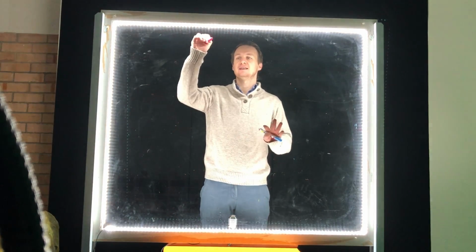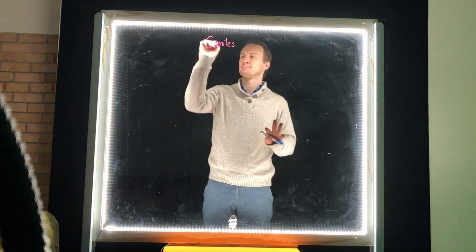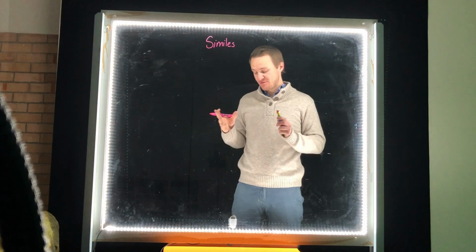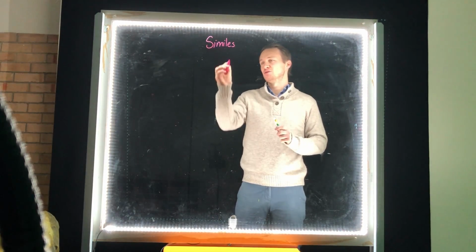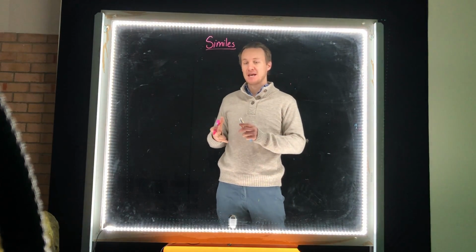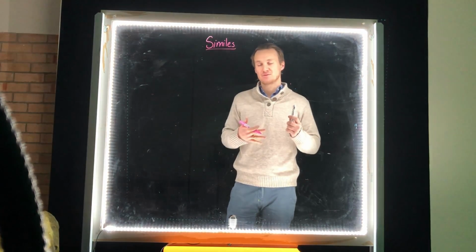This video today is going to be about similes. Now, similes is a figurative writing technique which we use to give the audience a better idea of what we're talking about by comparing something to another object or another thing.